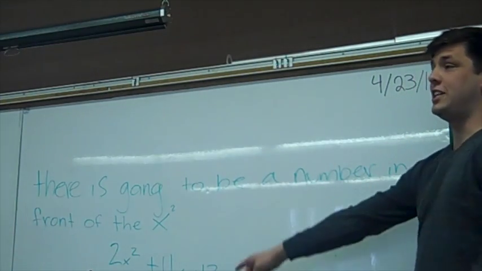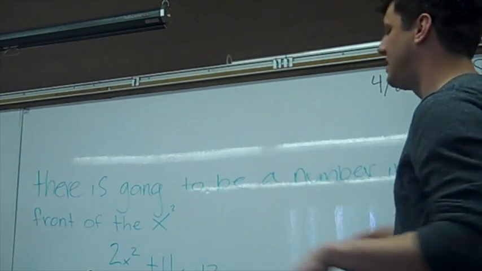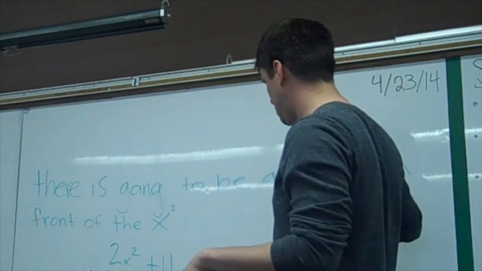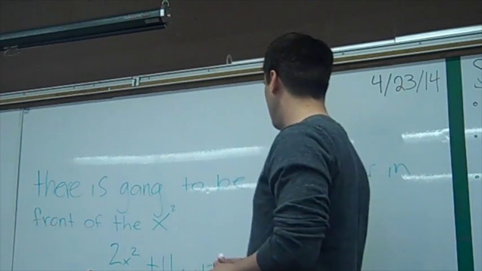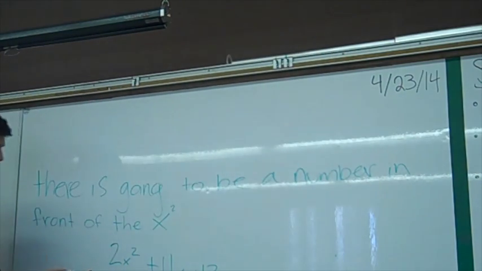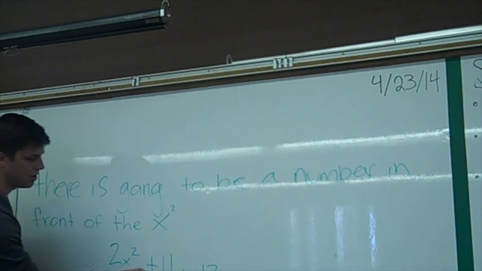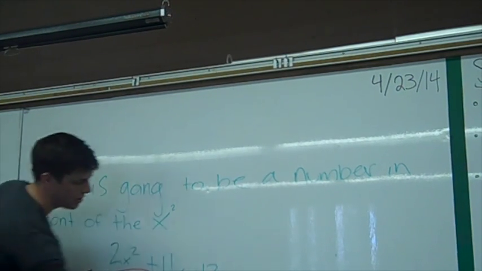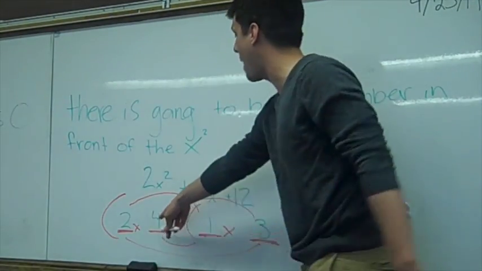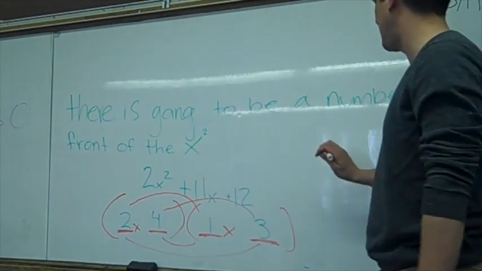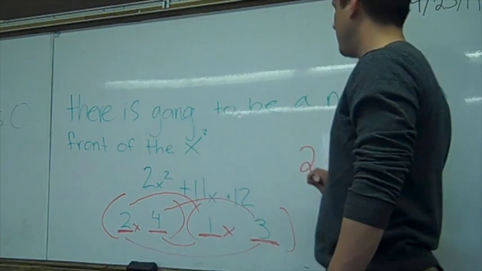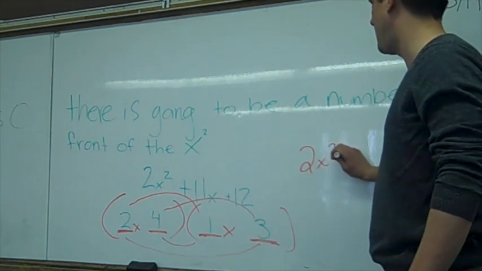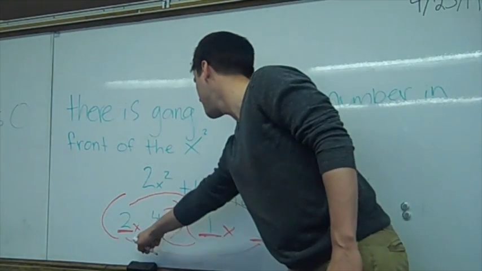If we FOIL this, what are we going to get? Let's try this out. Eyebrow, eyebrow, nose, mouth. Left eyebrow, 2x times 1x equals 2x squared.